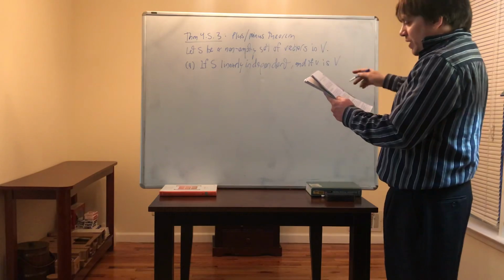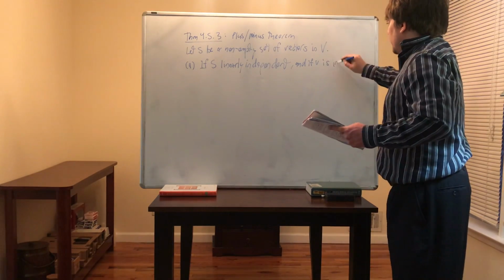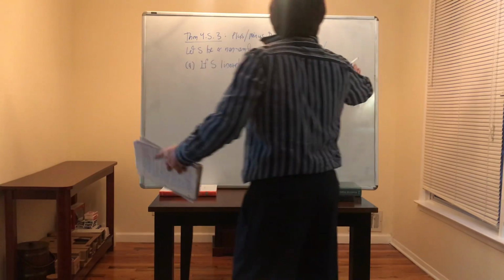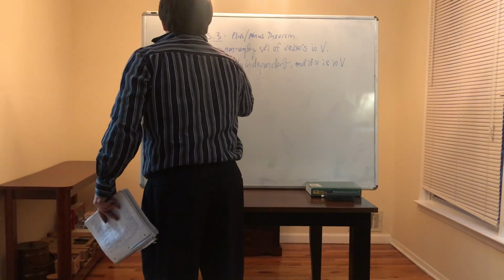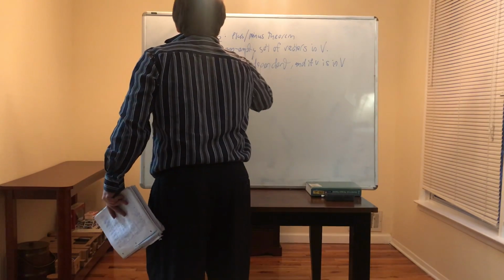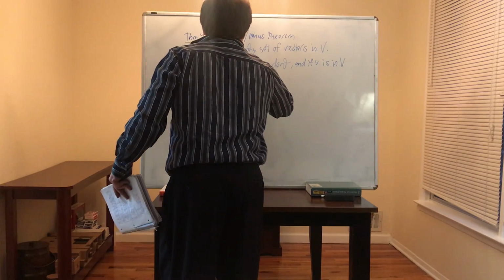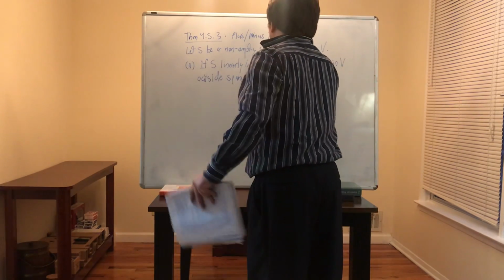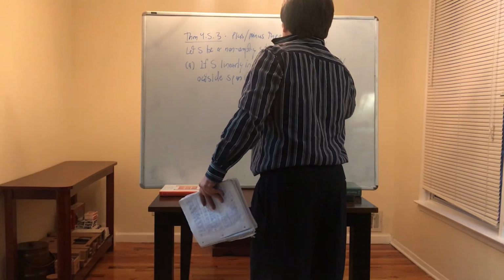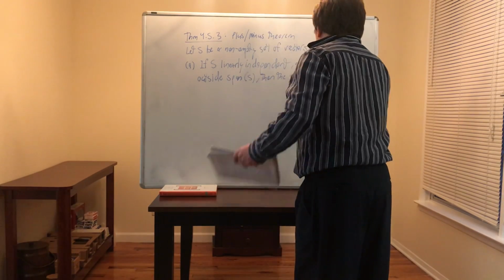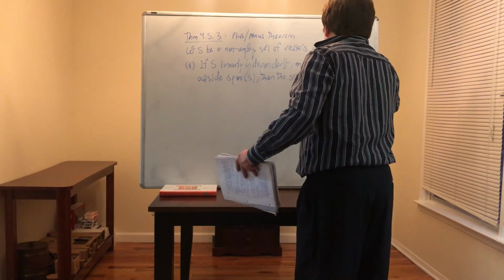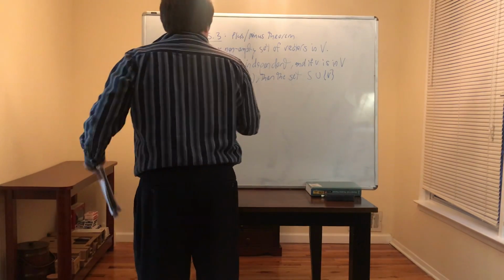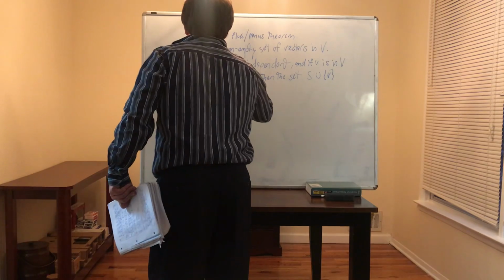So if little v is in capital V lying outside the span of S, then the set S union the set containing v is still linearly independent.